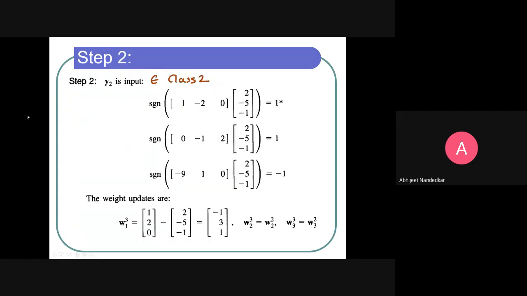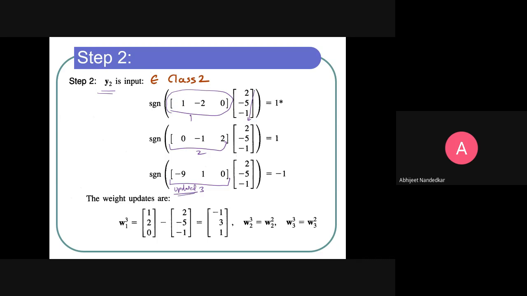Now you take the second input, that is 2, 5, minus 5, minus 1. You multiply with the weight of each neuron again. So this is the weight of neuron 1, this is the weight of neuron 2, this is the weight of neuron 3. Remember, these are updated weights.